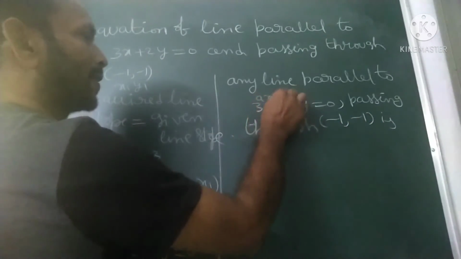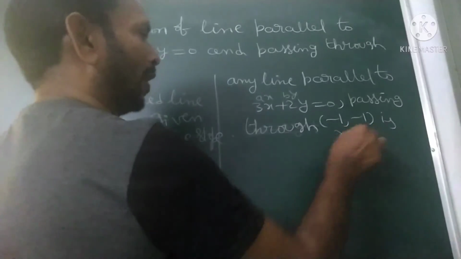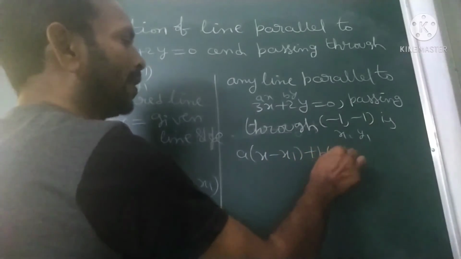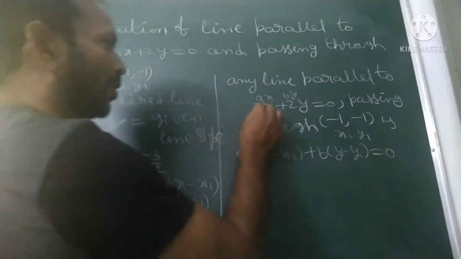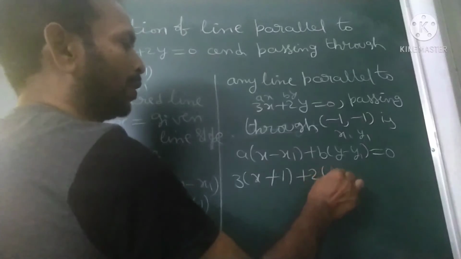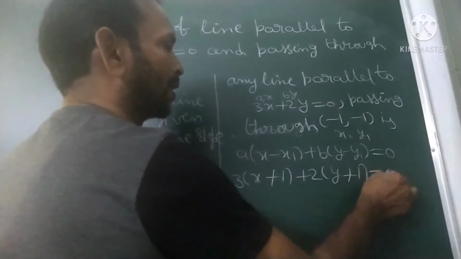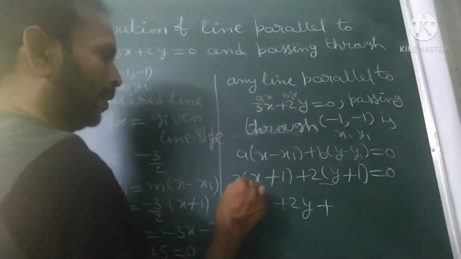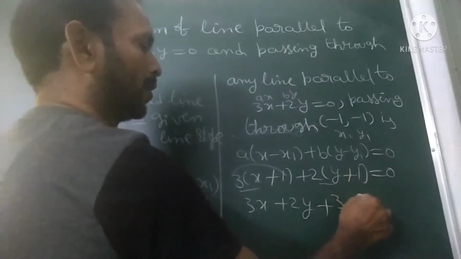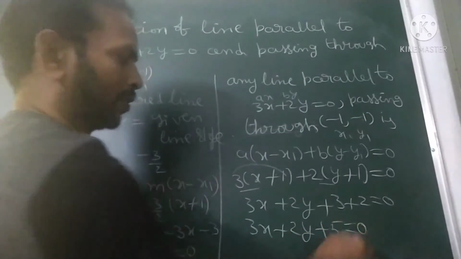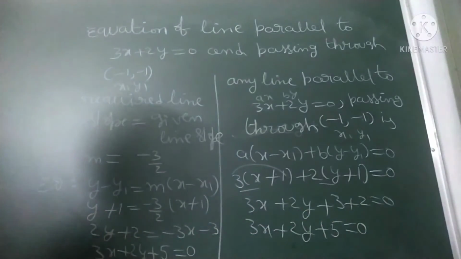Take it as (x1, y1). Formula: a into x minus x1 plus b into y minus y1 is equal to 0. So 3 into x minus x1, means plus 1, plus 2 into y minus y1 is equal to 0. So 3x, 2y, 3 ones 3, 2 ones 2. So 3x plus 2y plus 5 is equal to 0. This is also correct. Once see.